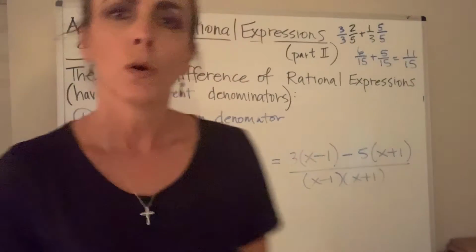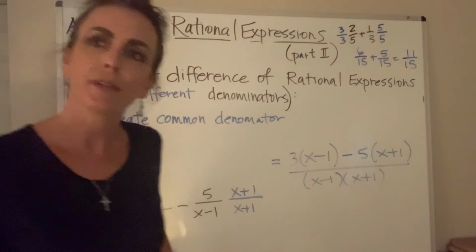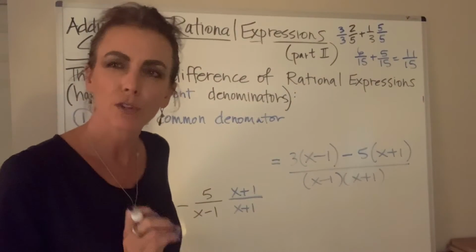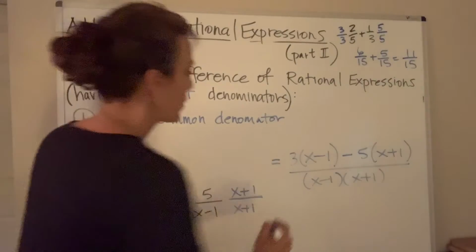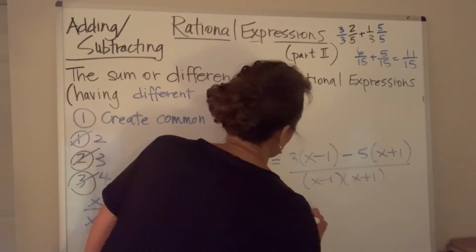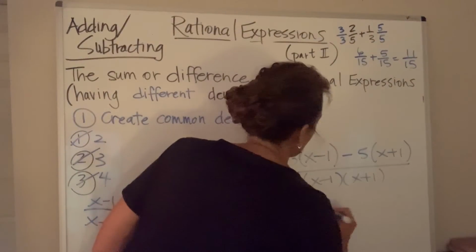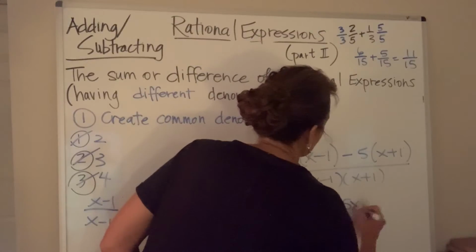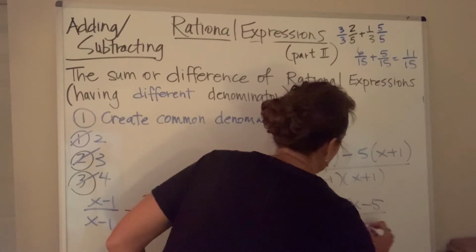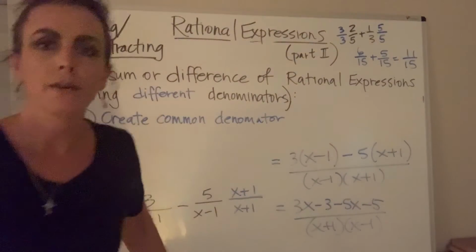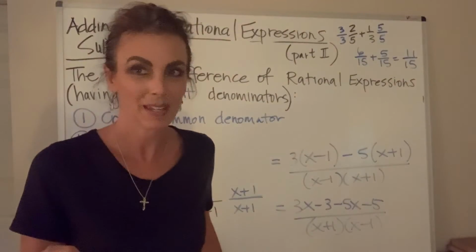Okay, now we're going to take that and clean up the numerator. We're going to distribute those coefficients through and combine our like terms. Okay, so we're going to end up with 3x minus 3 minus 5x minus 5 all over x plus 1 times x minus 1. All right, now combine some like terms.